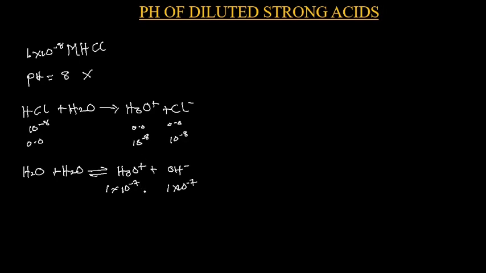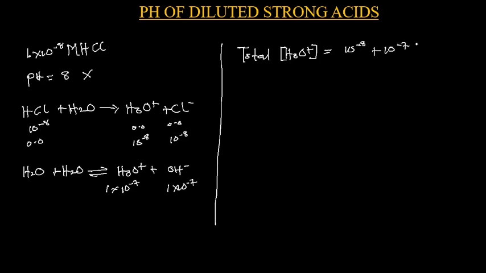So when we add this, what do we do next? We will now have to combine the two concentrations to give us the total concentration of H3O+, which is going to be the 1 times 10 exponent minus 8 from HCl and then the 1 times 10 exponent minus 7 from water, right? So what is the pH?